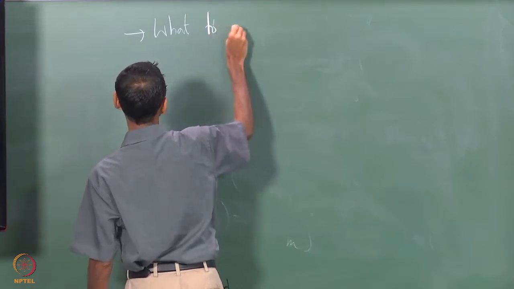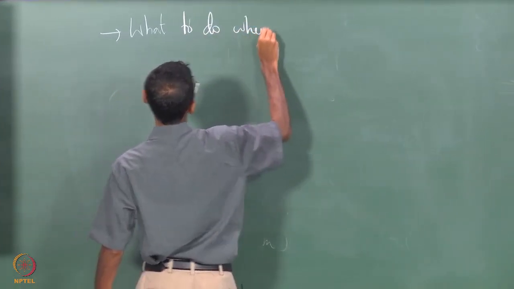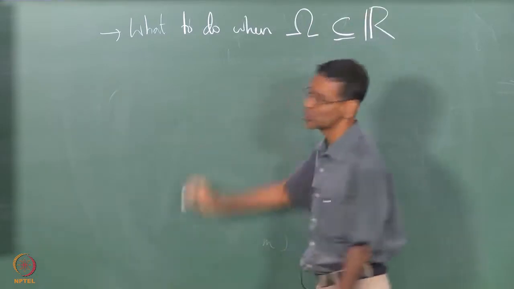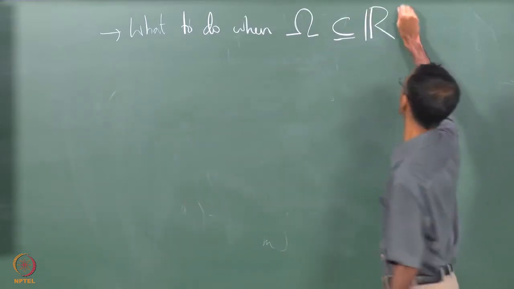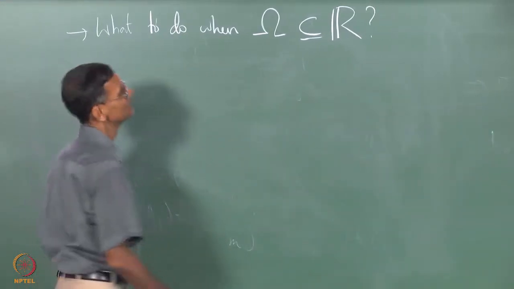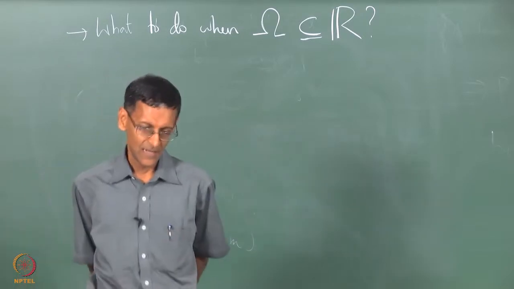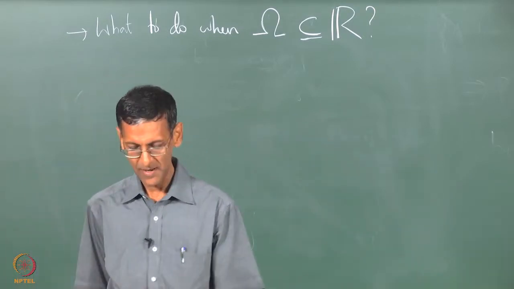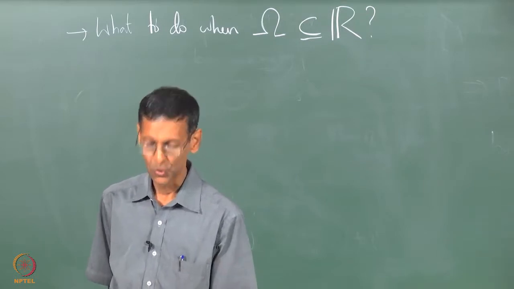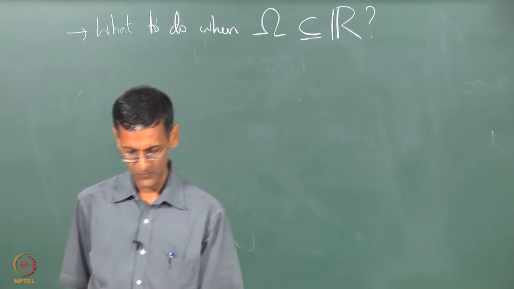What to do, shall we say, when your sample space is some portion of the real line? So, all our discrete ideas will have to be changed. We cannot do the usual discrete stuff.